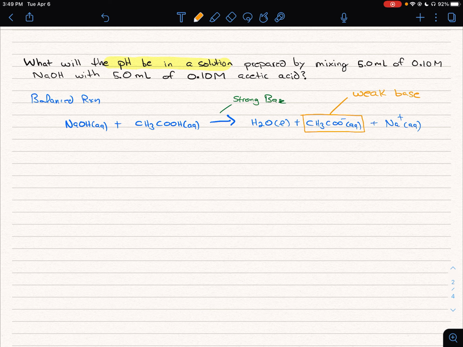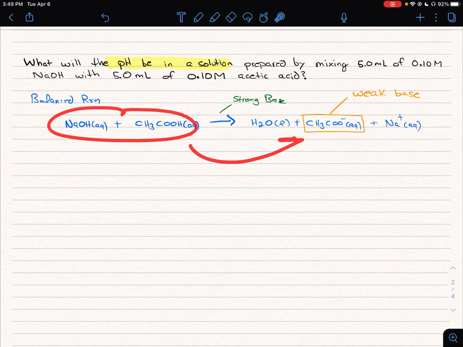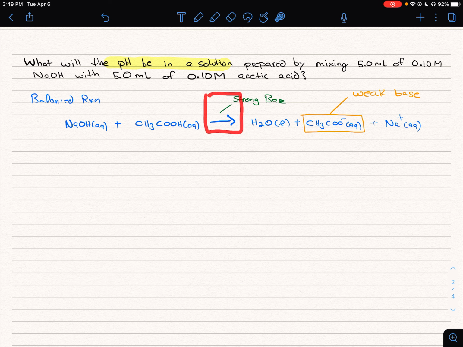But before we get there, we need to go through the stoichiometry of this reaction to figure out how much acetate was formed. So the way we do this, again, is because we have a strong base and a one-way reaction arrow, I'm going to use my before and after table. We'll calculate how many moles of things do we have before the reaction and how many moles of things do we have after the reaction.